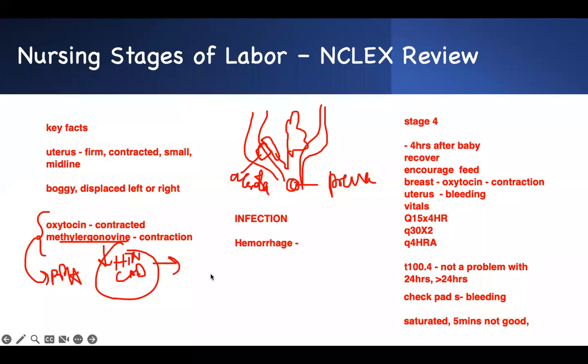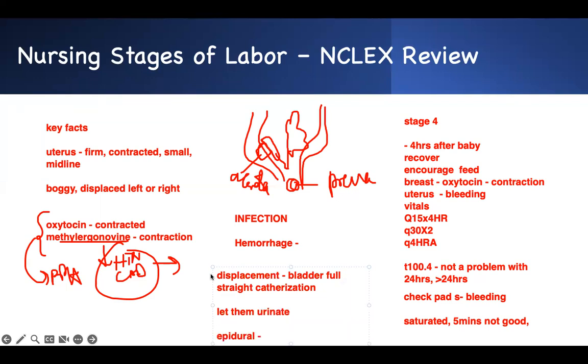Sometimes they will give you a question and then you have to think about it. Like somebody had a baby, the uterus is boggy, it's displaced to the right. So displacement mostly is because the bladder is full. So you can do catheterization and help with that. If they can pee, let them pee, okay? Let them urinate. If they have epidural, it's different.